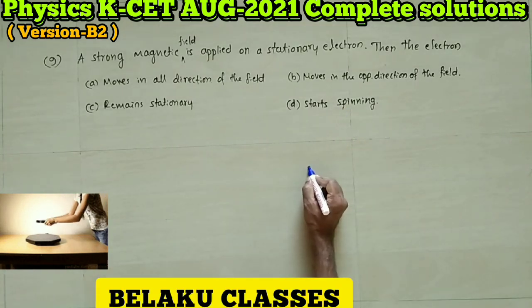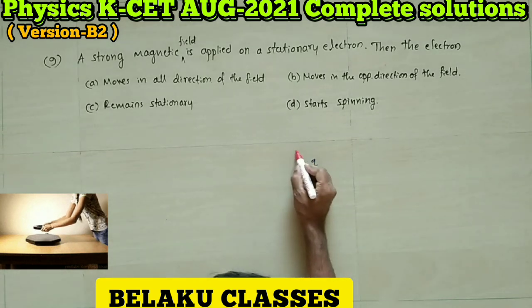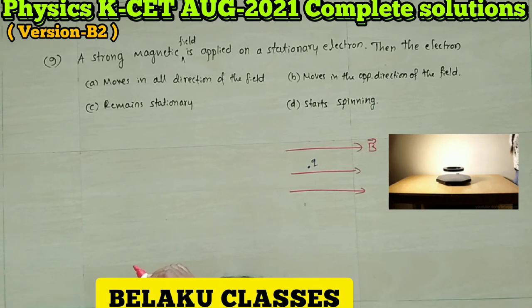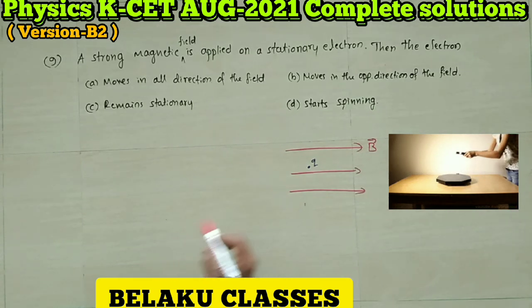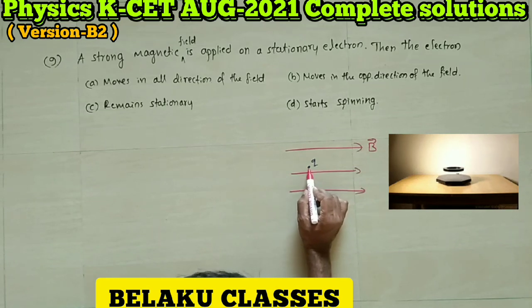If this is a stationary charge, and you apply a strong magnetic field to it, since the charge is stationary, the application of the magnetic field is not going to affect it.